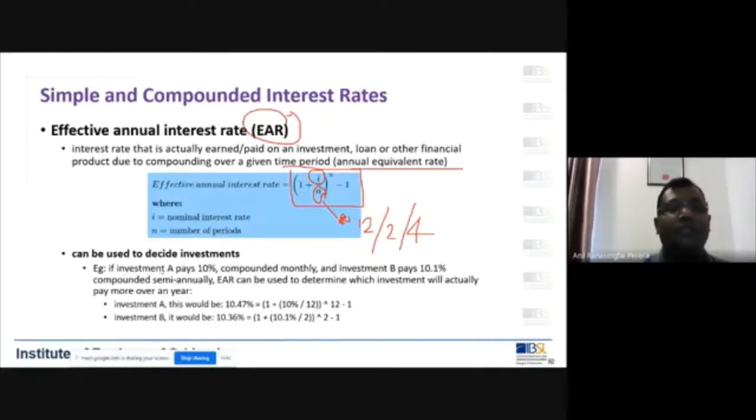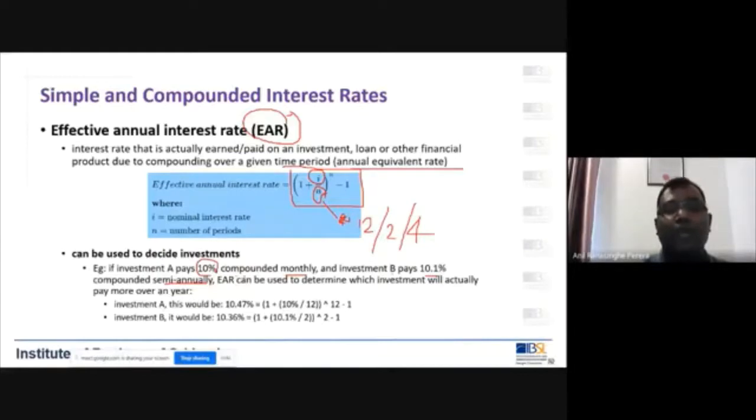If investment A pays you 10% compounded monthly, and investment B is paying you 10.1% compounded semi-annually, which means 2 times per year, how do you decide which investment is paying more?